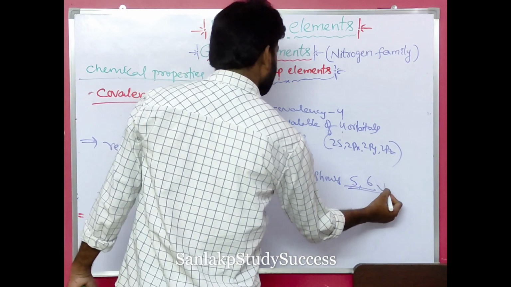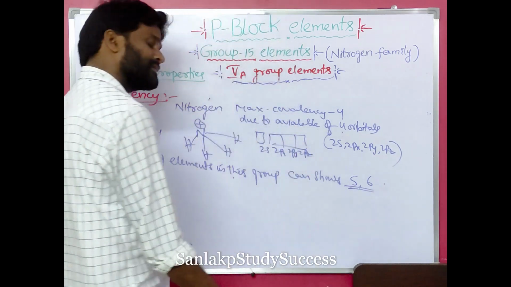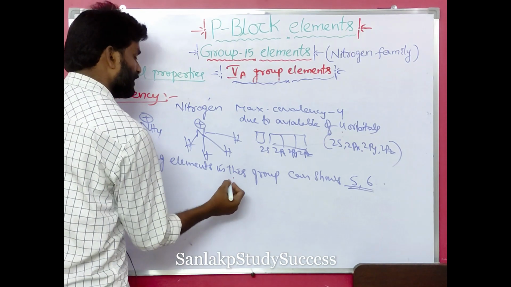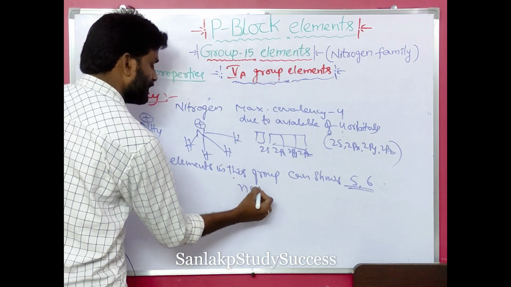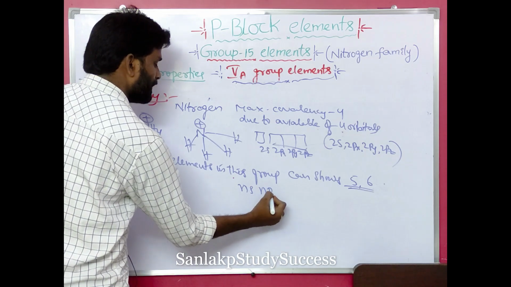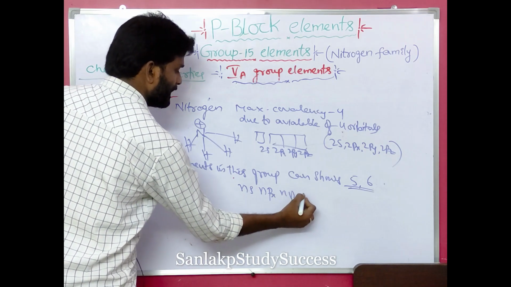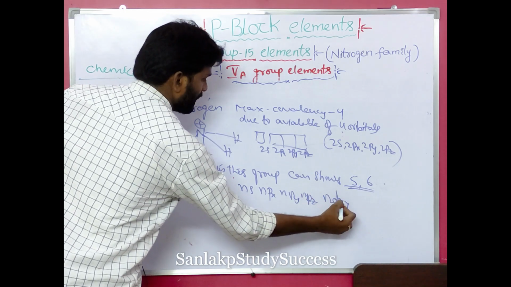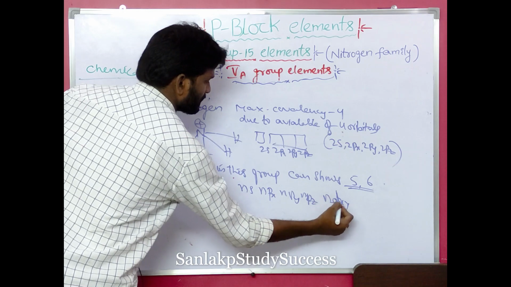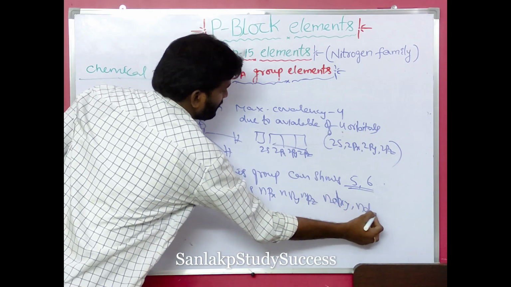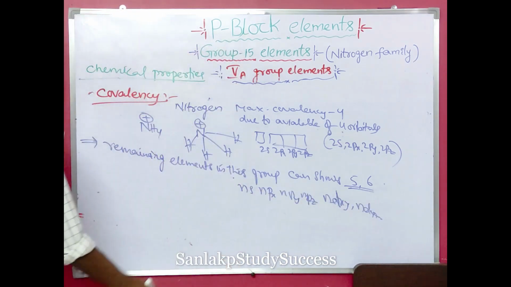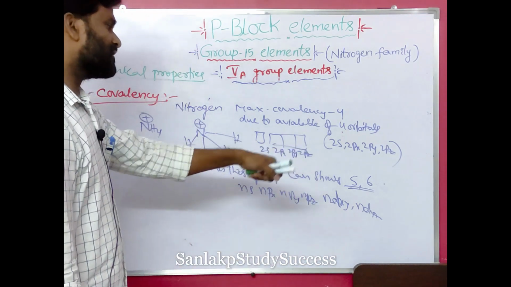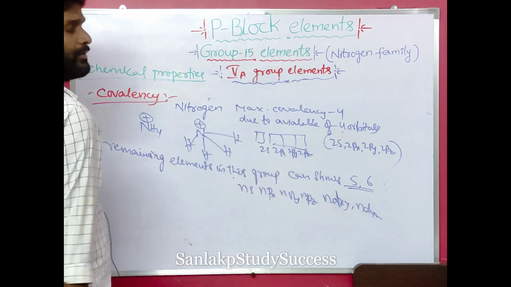due to the presence of s, np x, np y, np z and also d orbitals, nd xy, nd yz, nd zx. Similarly, the remaining elements containing d orbitals can extend their covalency to 5 or 6.